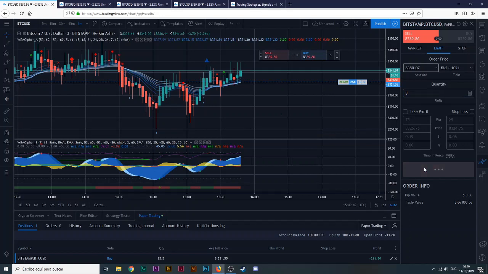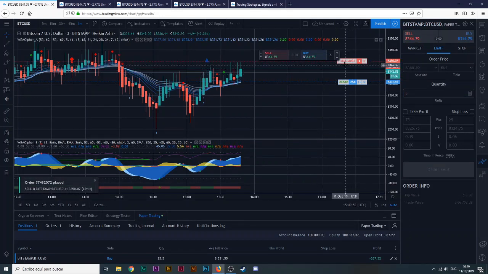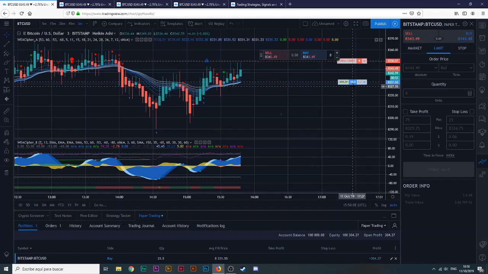Sell order. Boom. So there it is. I have 1/3 of my order sold at 83.50, which will leave us with about 17.5 Bitcoin. So let's see what the market does.